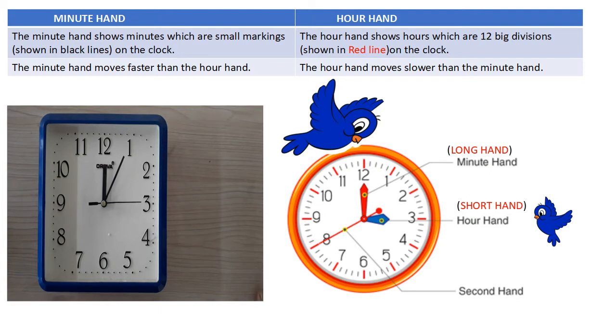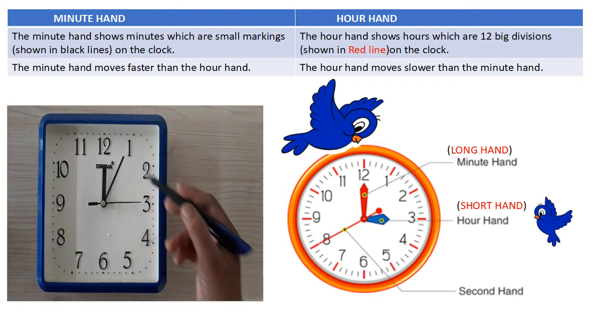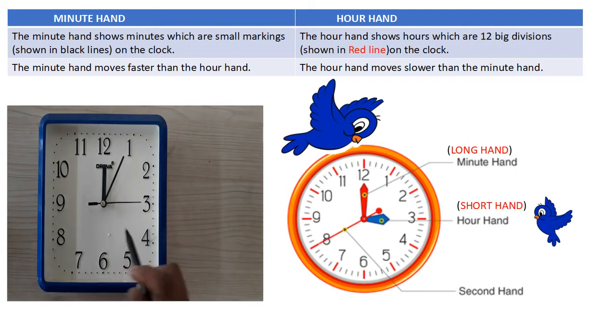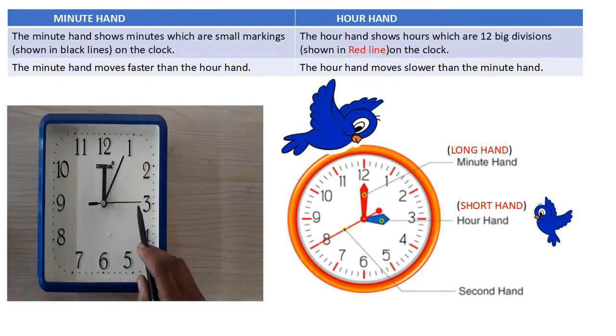Also, you can see that there are 3 hands on the clock face. The shortest hand is known as the hour hand. The longest hand is your minute hand, and the thinnest one is your seconds hand. Right?